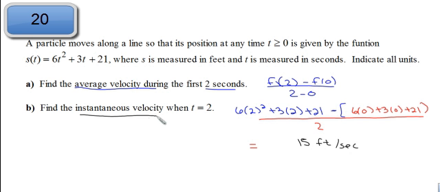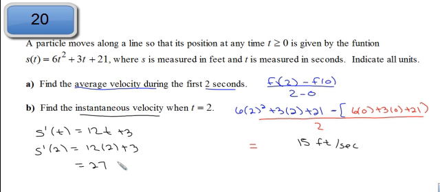The instantaneous velocity is the derivative. So we're going to find the derivative at 2, which would be 27. Indicate units of measure. They're both feet per second.